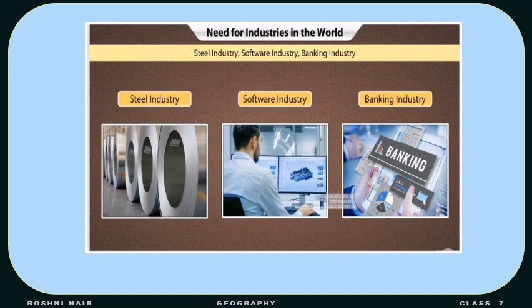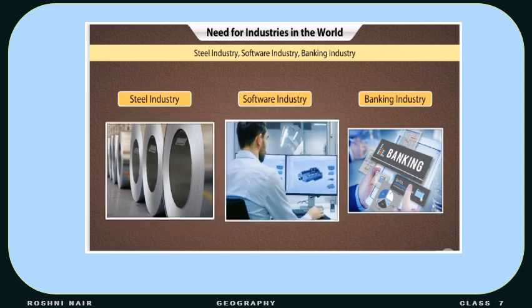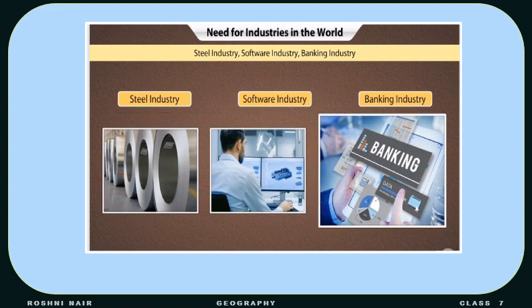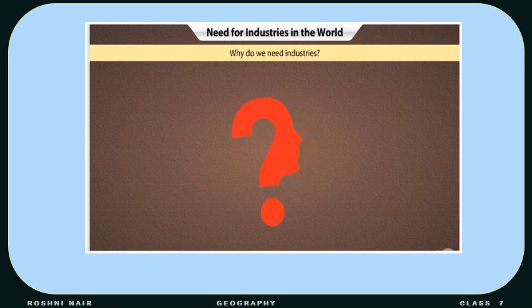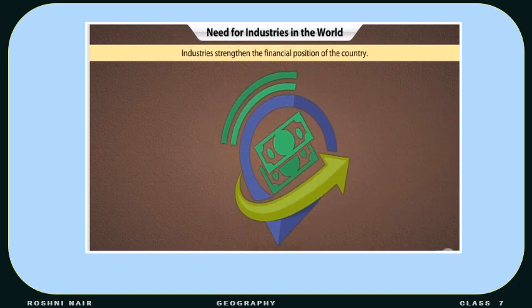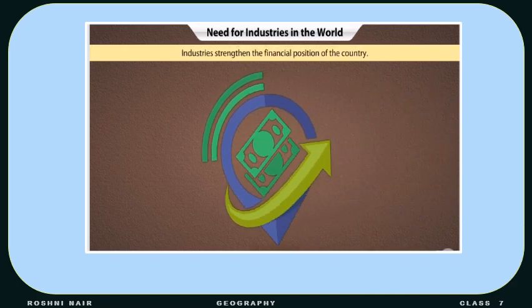Similarly, there are several other industries such as the steel industry, software industry, banking industry, etc. Let's now understand the reason why industries are so important. Industries strengthen the financial position of a country.